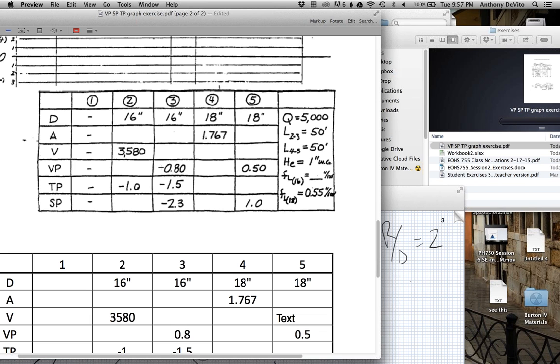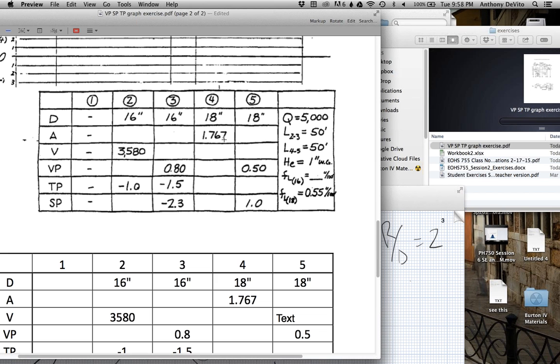Okay, these were given to us, and then as we continue along, we know the quantity of air moving through here. They gave us 5,000 cubic feet per minute, so Q is 5,000 cubic feet per minute. Q is equal to V times the cross-sectional area of the ductwork. So 5,000 is equal to the velocity times 1.767.